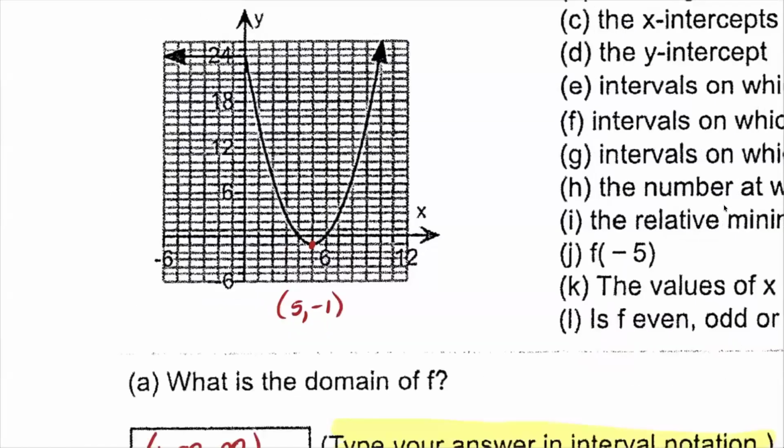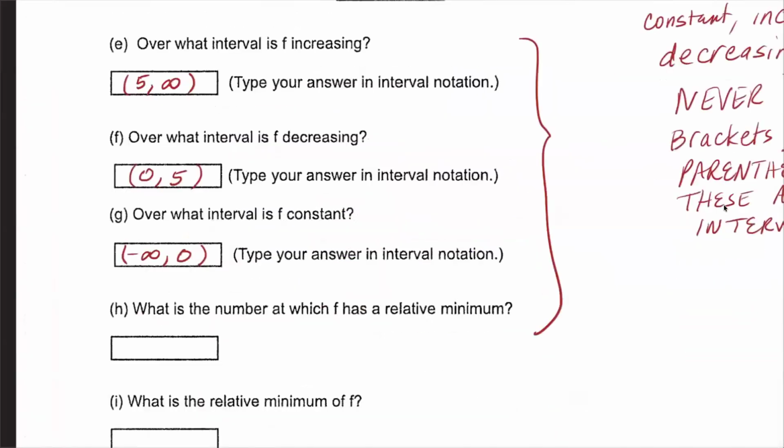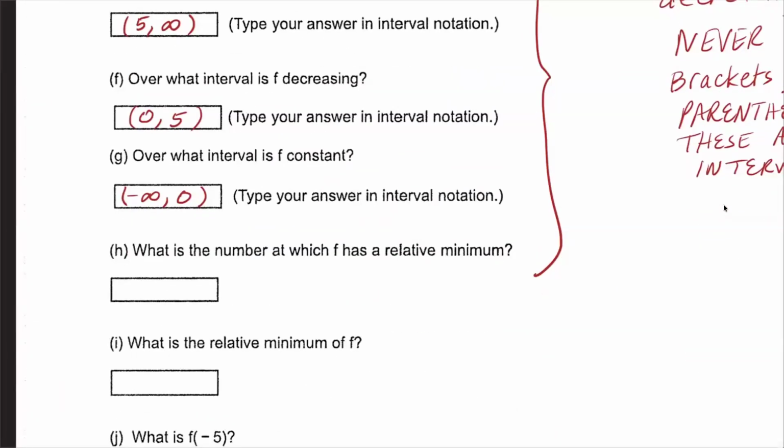What the question says is, what is the number at which the function f has a relative minimum? When they say at which, they're asking for the x value of that point. When you see the word at, that means give them the x value. In the next piece of the problem, where it says is, the minimum is the y value. So once you identify the x and y values, you can answer these questions.